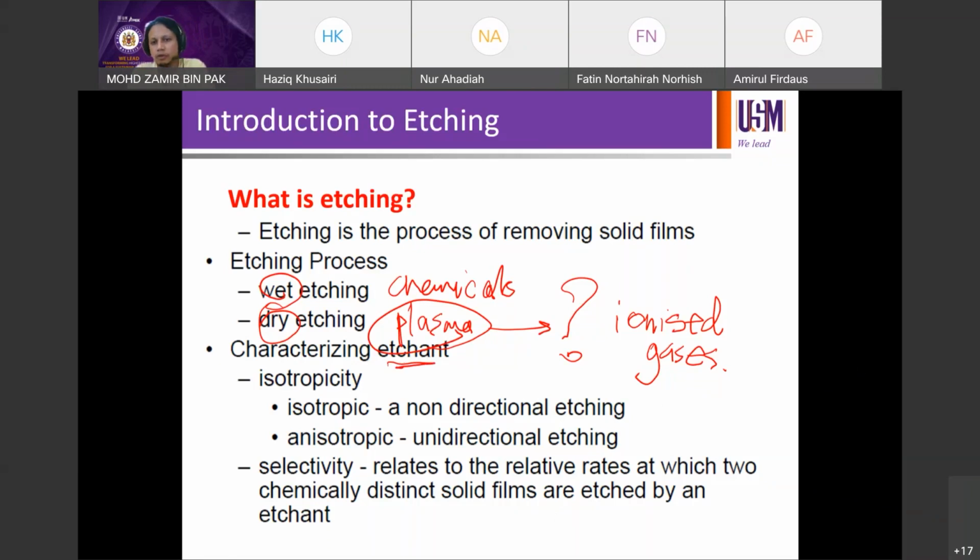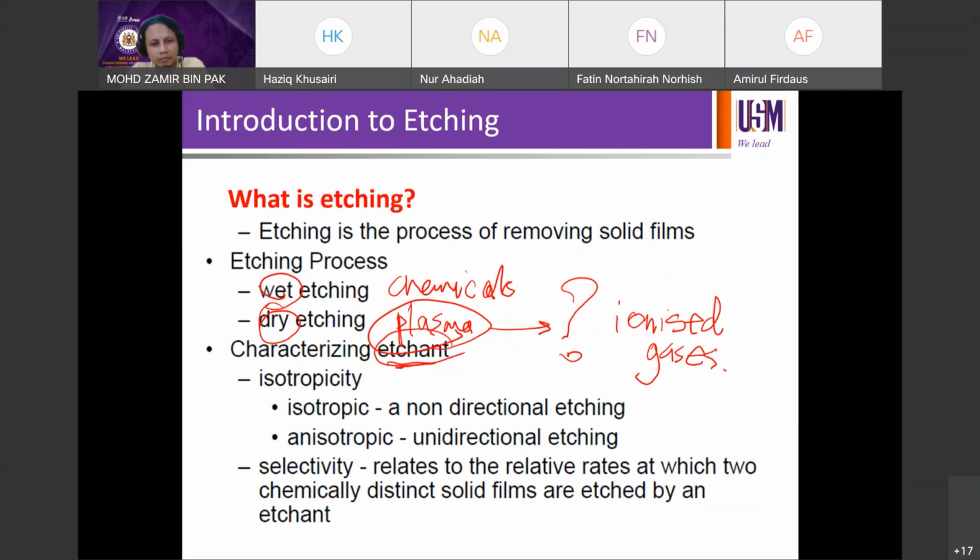The material that you use to remove some other material, either use chemicals or plasma, they are called etchant. Okay, etchant. Kalau let's say you pakai HF to etch silicon dioxide, then HF is the etchant to etch silicon dioxide.